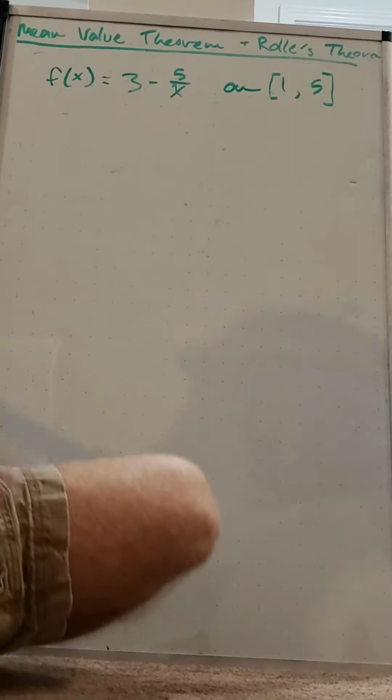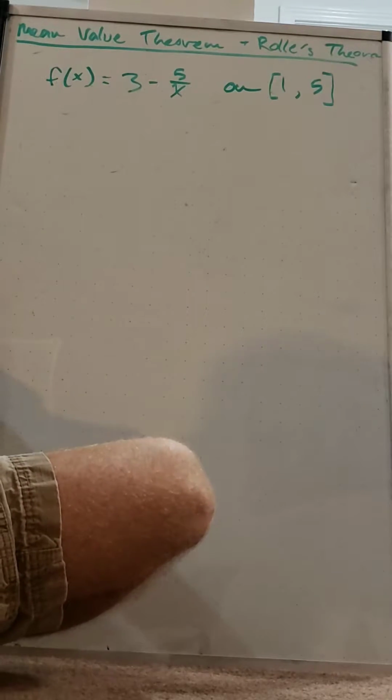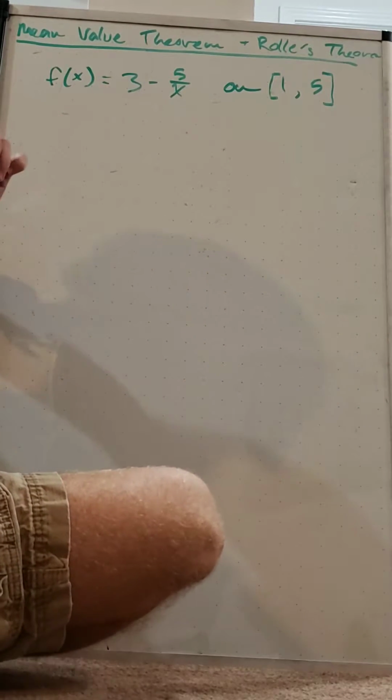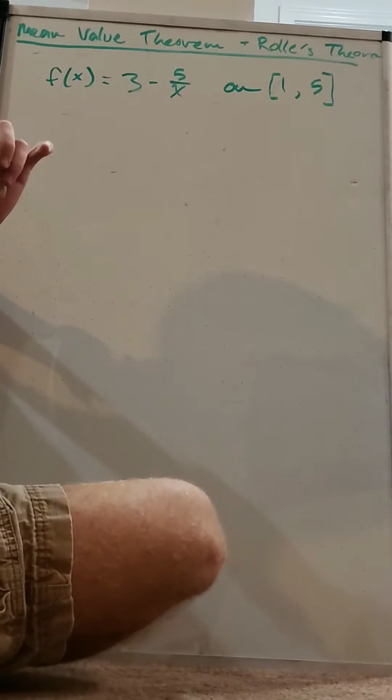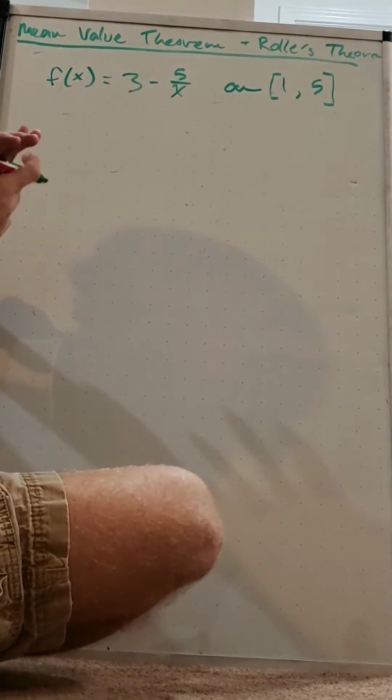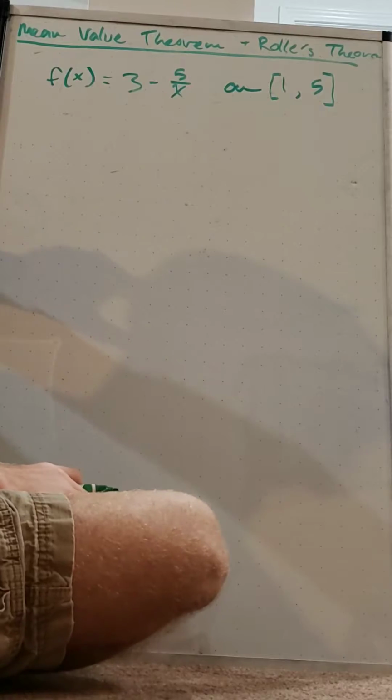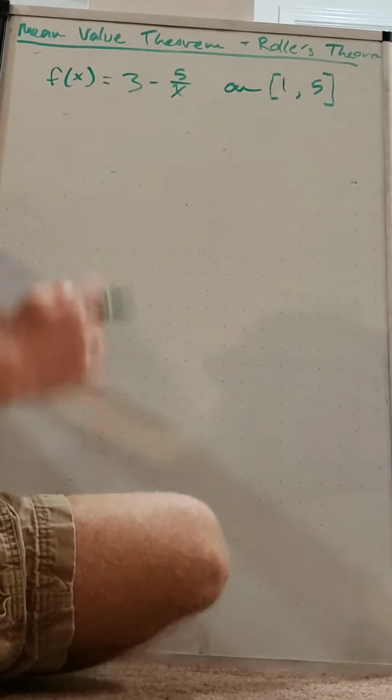We are asked to first graph this and state how the mean value theorem applies, and we have to find where that c is, where the derivative is equal to the average rate of change of this function.